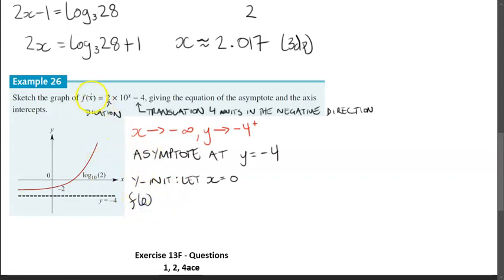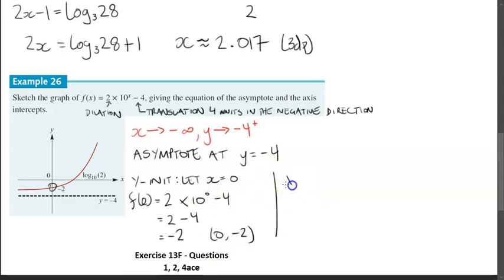We're finding f of 0, which is equal to 2 times 10 to the power 0 minus 4. 10 to the power 0 is 1, 2 times 1 is just 2, and 2 minus 4 gives us negative 2. You can see that visually there. There is our negative 2, our y-intercept.